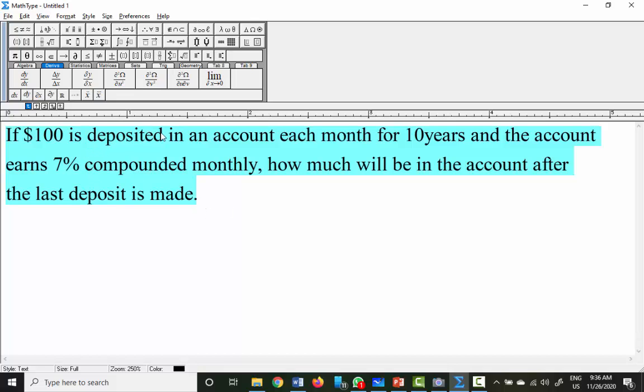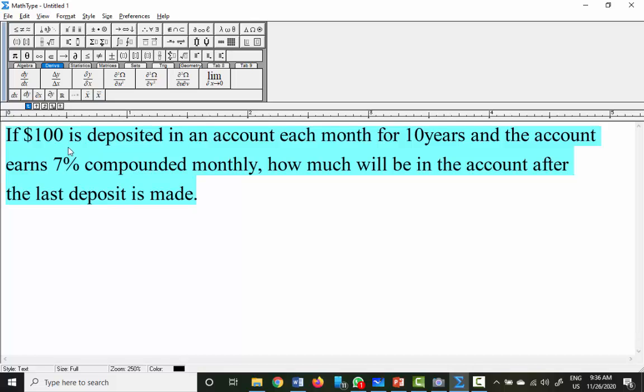So $100 will be deposited in an account each month. So in 1 year you will make 12 payments of $100 each. So in 10 years you need to make total 120 payments, or 120 installments of $100 each.